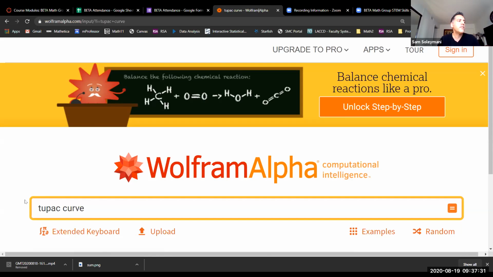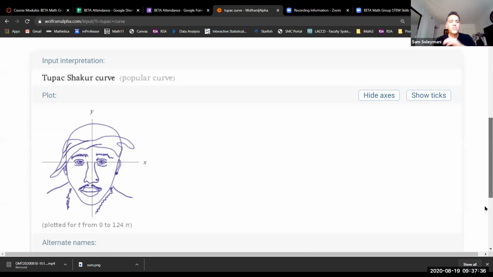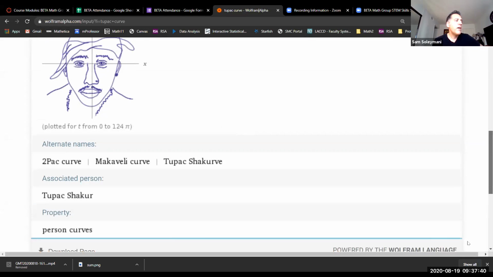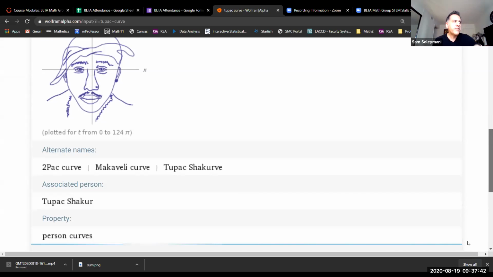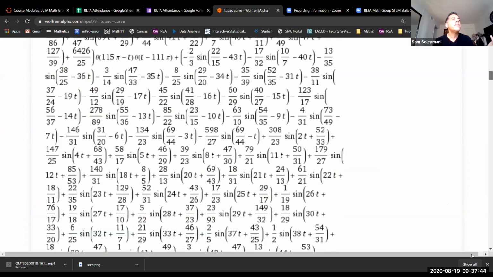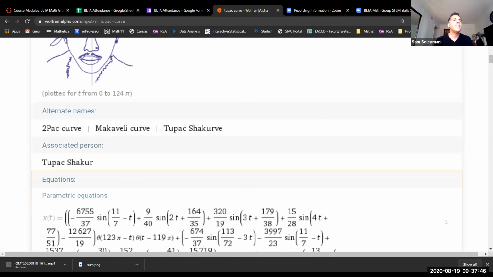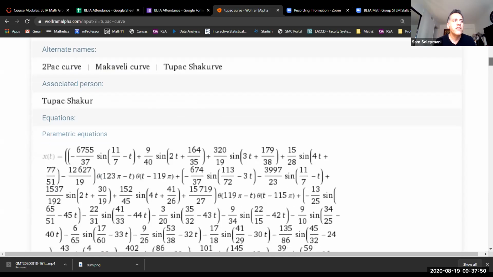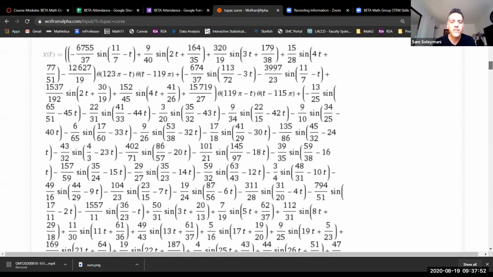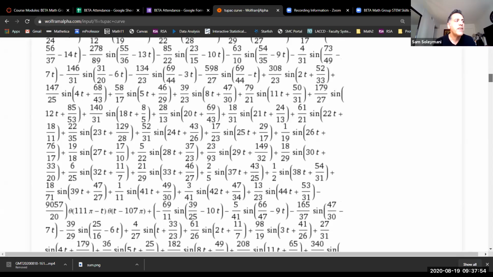Tupac Shakur, if you guys know who that is. So here's a graph of Tupac. I'm waiting for the function to actually show up. Here is the function. Look at it. Look at the function for the face of Tupac Shakur. Look at it.